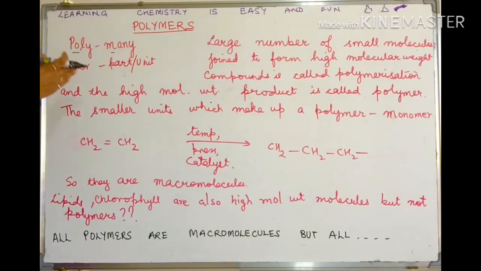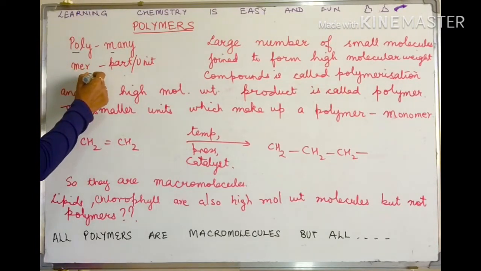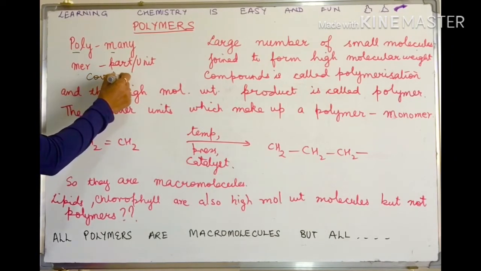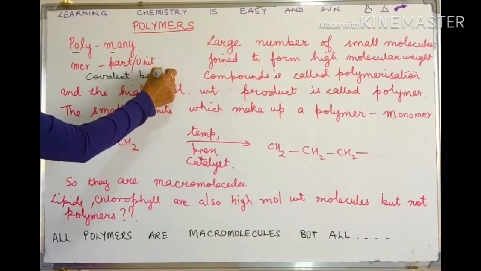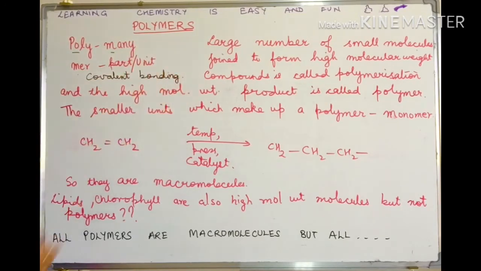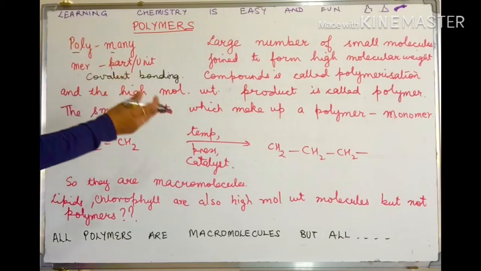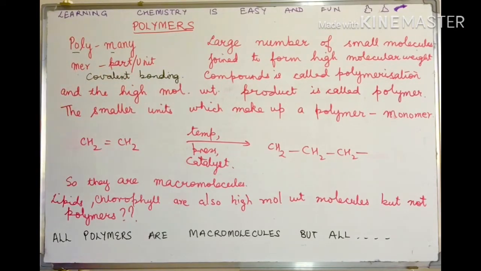How are these small parts or units joined? They are joined by what we call a covalent bond. Right? So let us give it a proper definition.